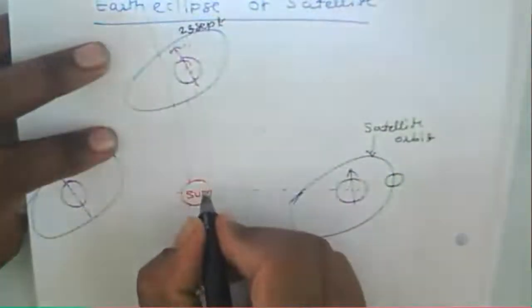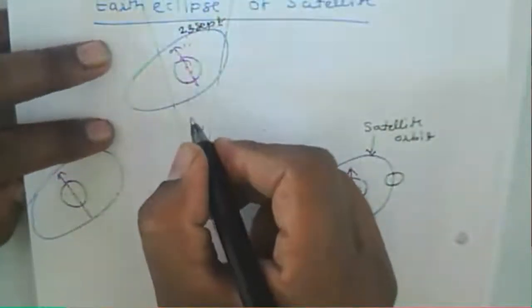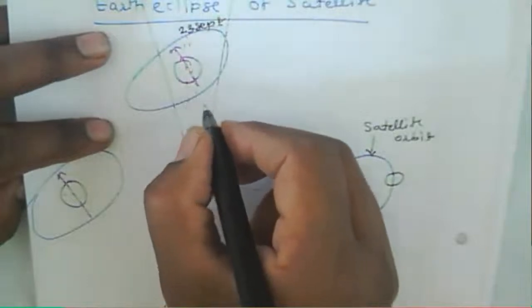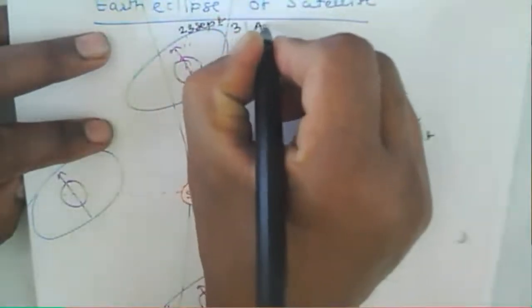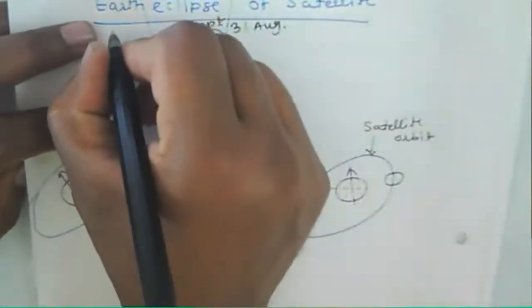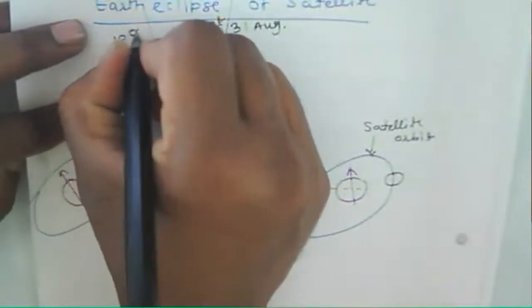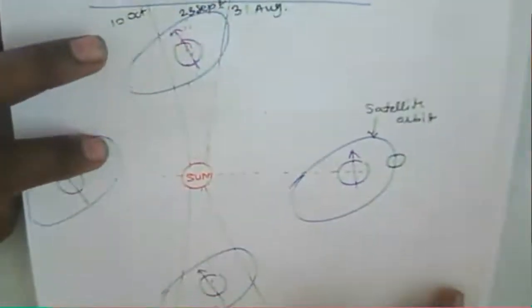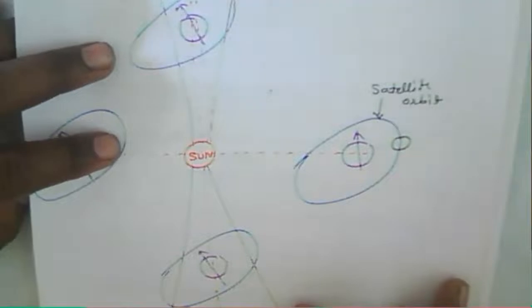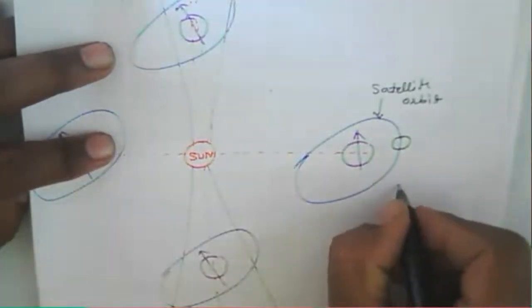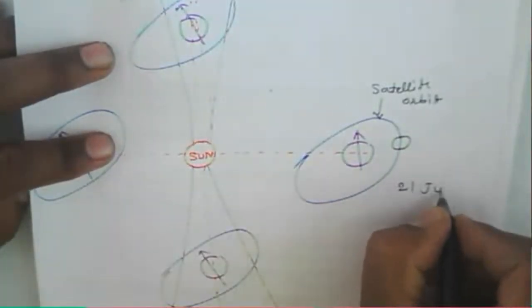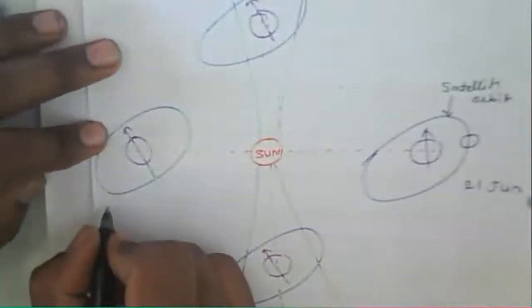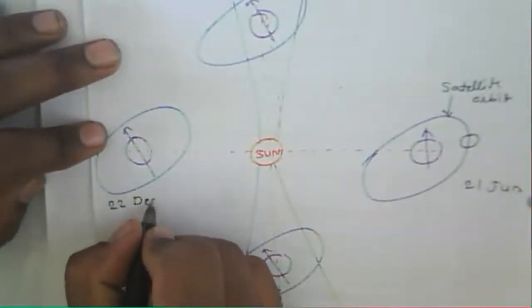Similarly, here we have the 23rd September, and the duration of the eclipse is from the 31st of August to the 10th of October.